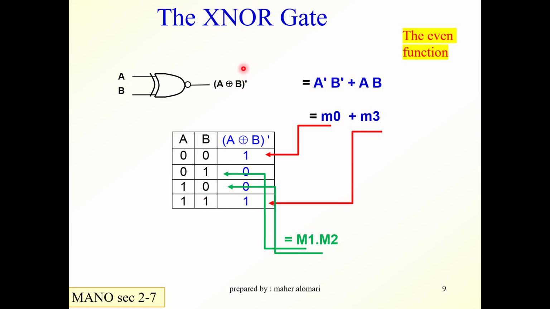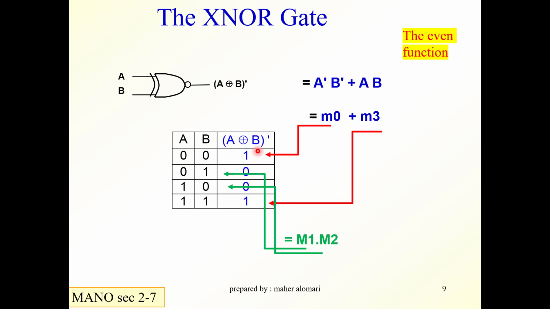Also, we can say that the output of this gate, exclusive NOR, is the product of the max terms, M1 ANDed with M2. It's where the output is equal to 0. These are the max terms. This is the even function.